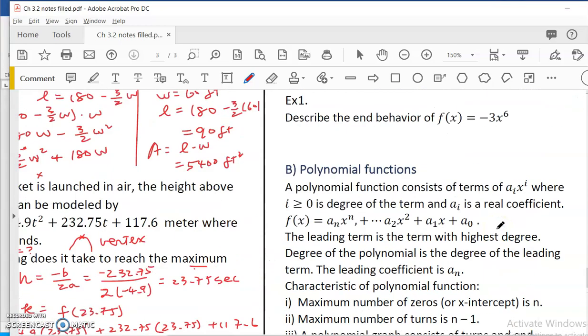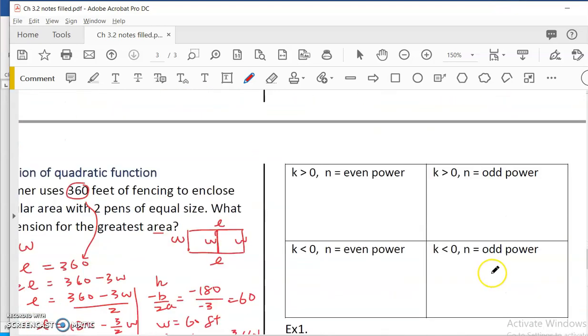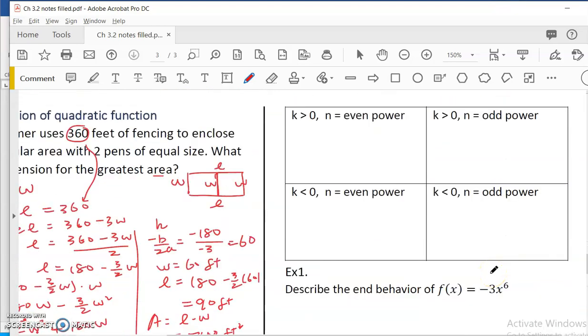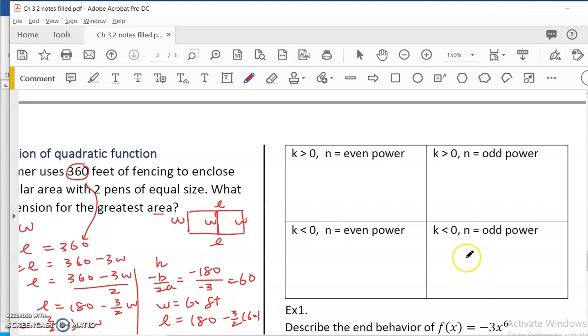If I have a special power function where n is an even whole number, then the shape of the graph would be like this. When x approaches infinity, f of x also approaches infinity. They go up, no matter what, because it's an even power, and the coefficient k is the coefficient of x to the n.